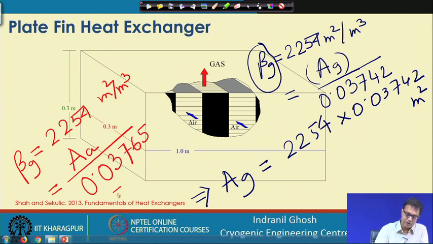So, this will correspond to A of air, and on this side we have slightly higher heat transfer surface area associated with this.